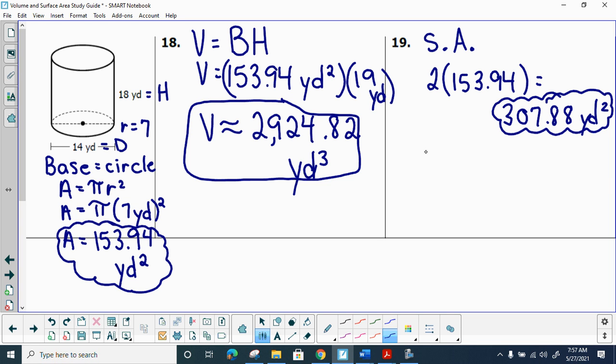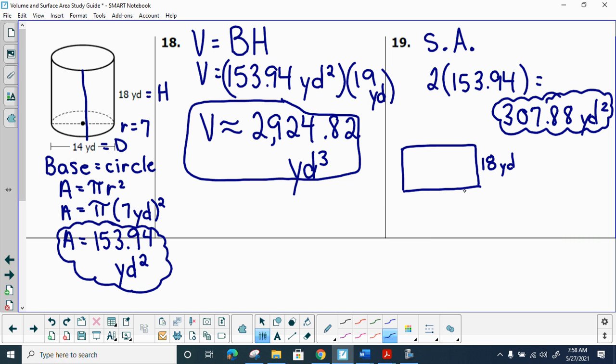And for that, okay, so imagine taking the sides of the can, cutting the top and the bottom off, splitting it down the side and unrolling it. We end up with a rectangle. Okay, the height is the height of the can, which is 18 yards.